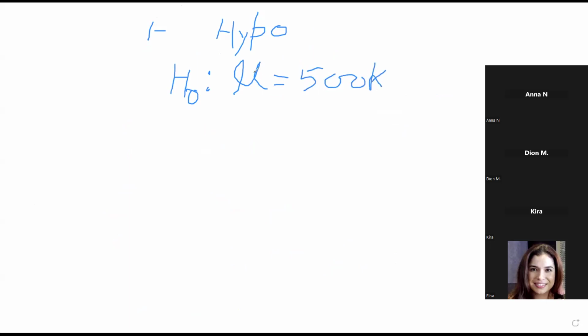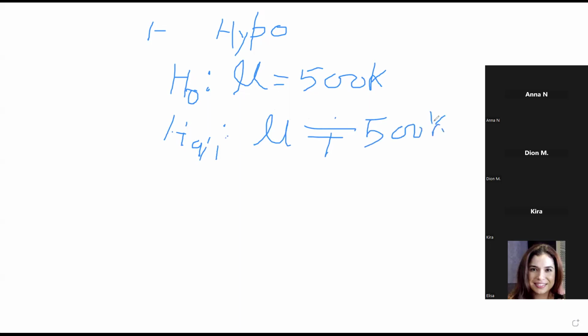So basically this is my null hypothesis. I'm saying mu is equal to 500K. And the alternative is HA. Sometimes some authors write H1, or I can write H1 or HA, which is the opposite: mu not equal to 500K.